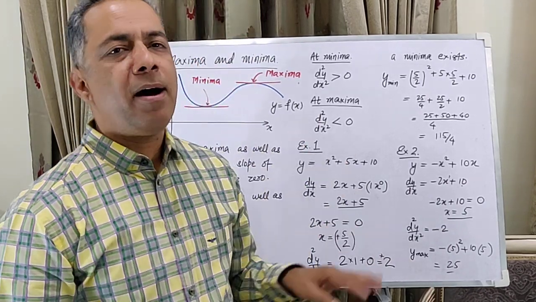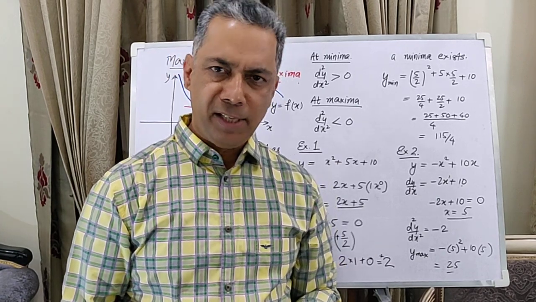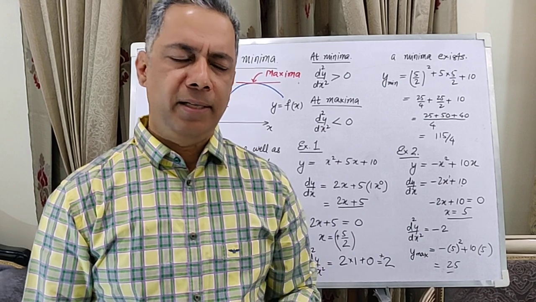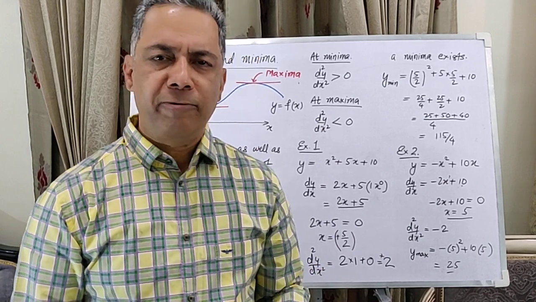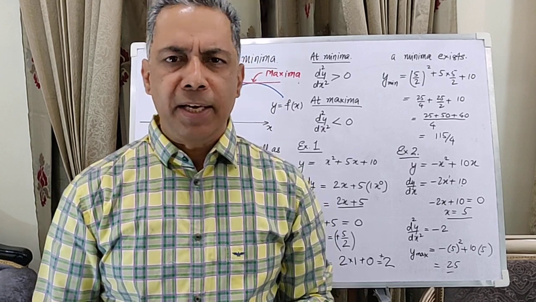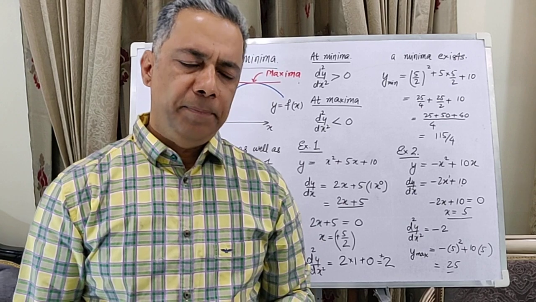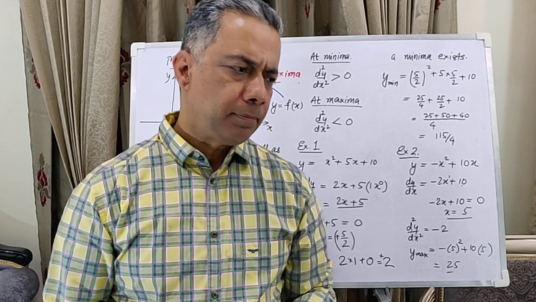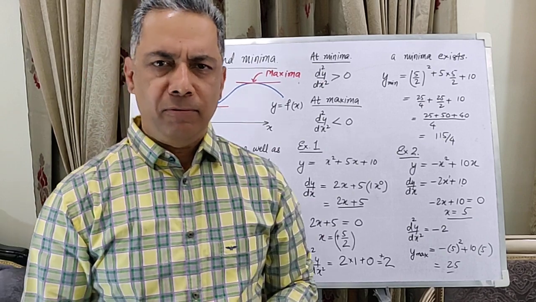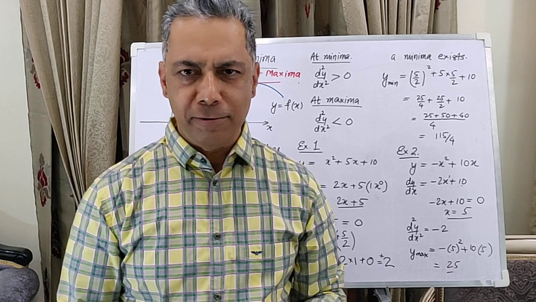This is an extremely powerful technique that we will be using very, very frequently in physics, starting from the first chapter of mechanics, and that's kinematics, and all the way through the entire physics curriculum of grade 11 and grade 12, and perhaps even till practically as long as you learn physics, you will continue to use this technique.